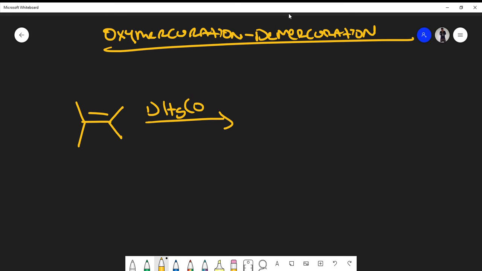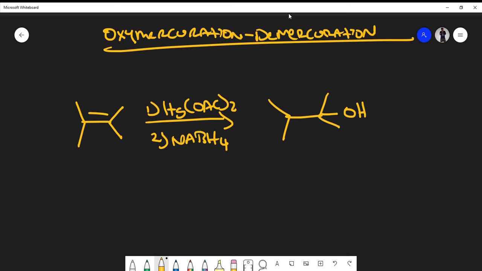We use Hg(OAc)2, and in the second step we use sodium borohydride, or NaBH4. And the idea is that we create an alcohol. So we do it across a double bond, and we create an alcohol.